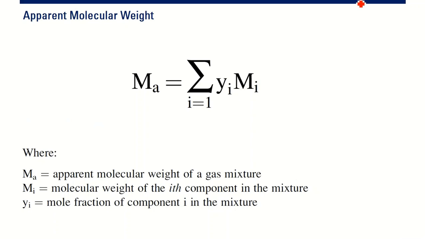Okay. Then what is the apparent molecular weight? Apparent molecular weight, it's quite easy. You can just use this equation. This is actually a summation. Artinya simbol ini, this symbol is sigma, used for summation. And y is actually mole fraction. So if you have y1 and y2, 50-50, for example, 0.5 and 0.5.